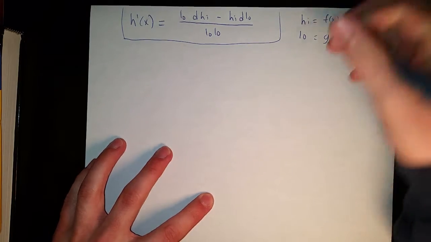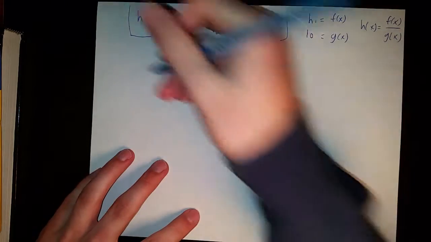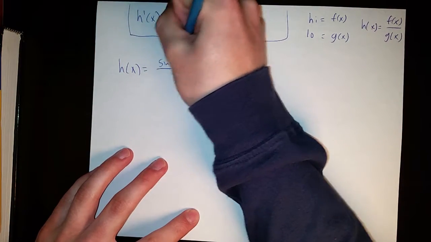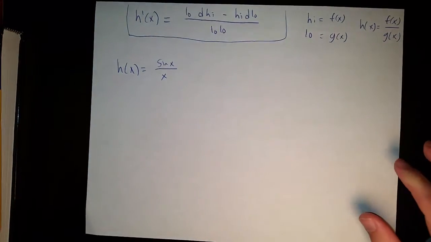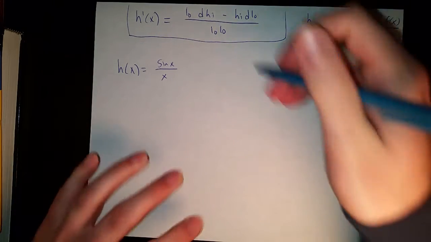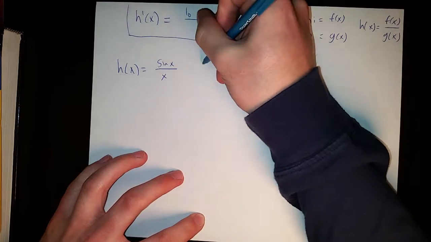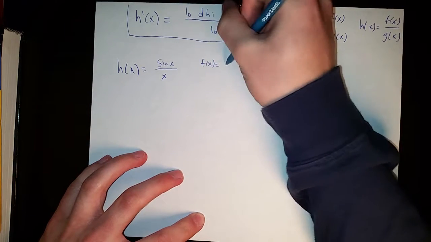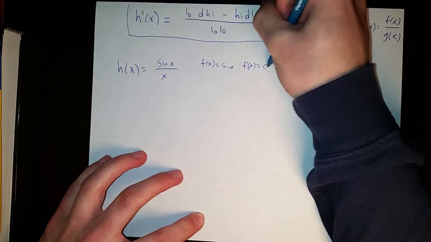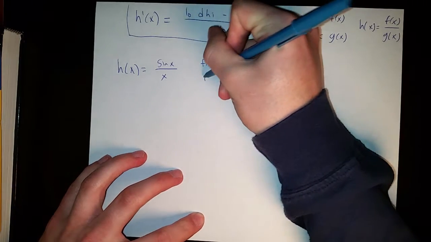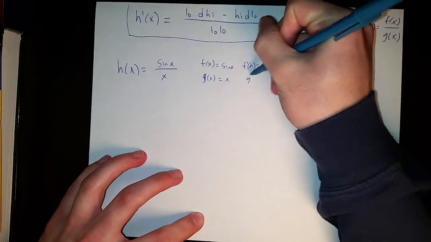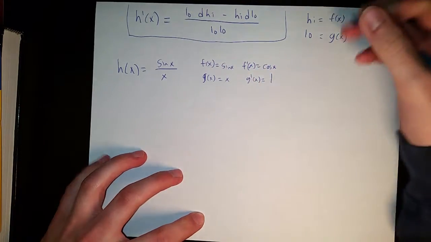Alright, let's do another example here. Okay, so this is the one from before. We're going to do 3 examples, so let's do this one real quick. We got f of x equals sine of x, f prime of x equals cosine of x, g of x equals x, g prime of x equals 1.